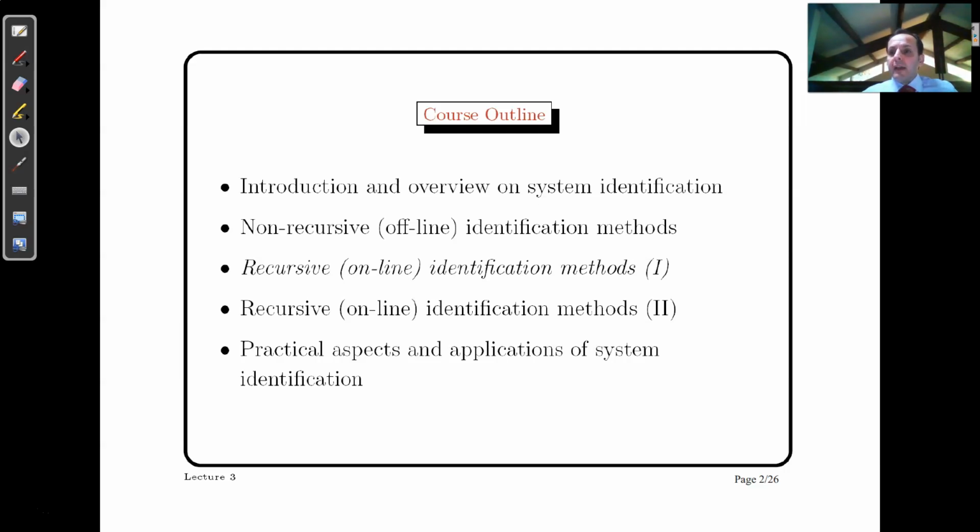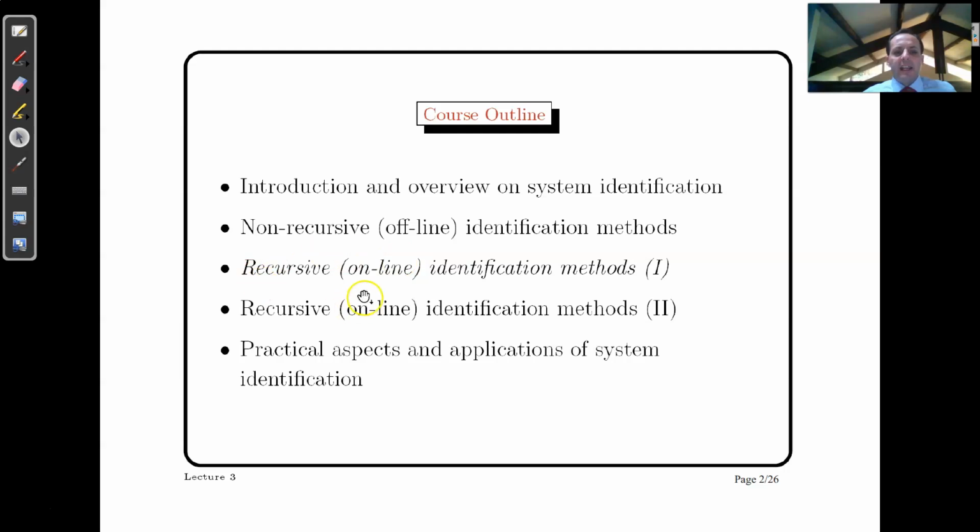Of course, we mentioned also the instrumental variable method, which represents a modification of the classical least square, is simpler than the prediction error method, but it doesn't provide a modeling of the stochastic part of the process.